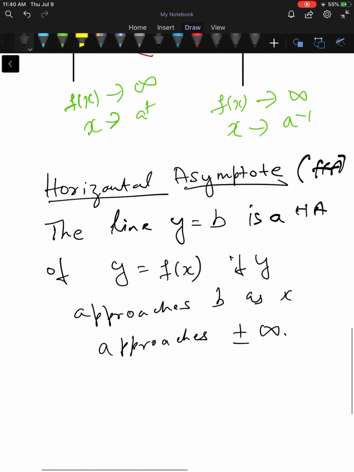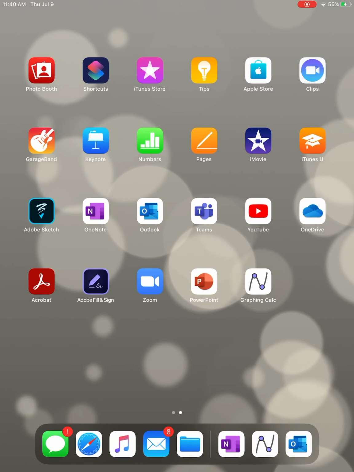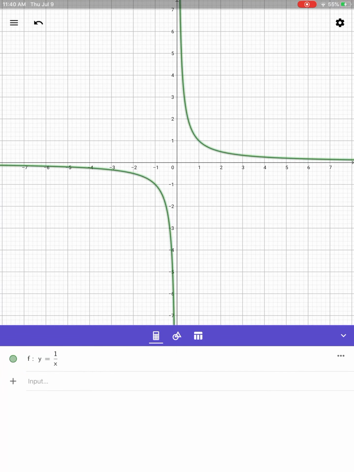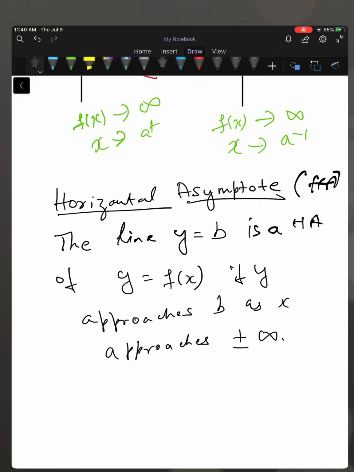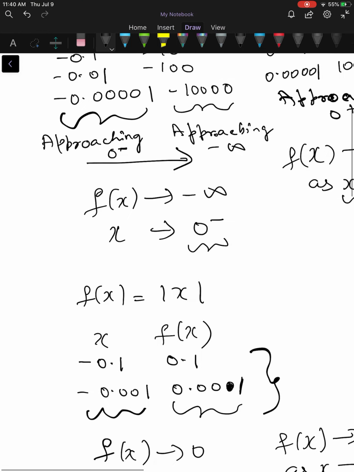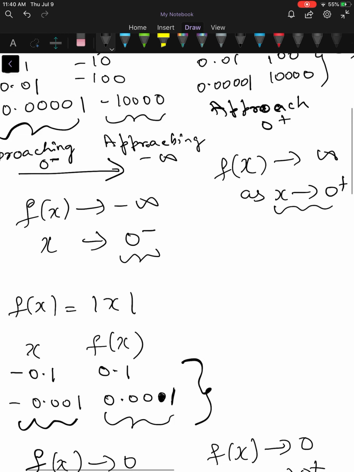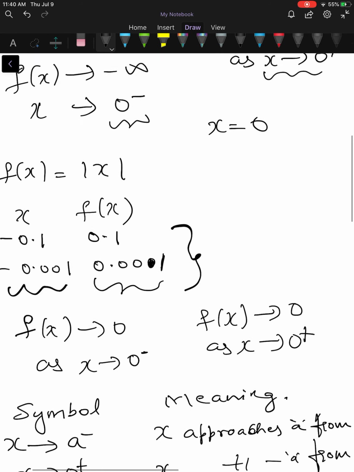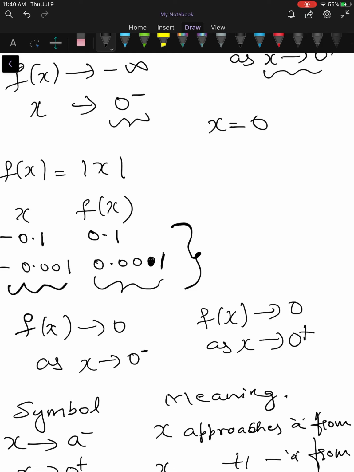So applying this definition to the example that we did, y is equal to 1 over x. Here you saw that f of x was tending towards positive infinity and negative infinity when x approaches 0 from right or left, so the vertical asymptote is x is equal to 0. I didn't calculate the higher values of x, so let me do that as x tends to positive infinity or negative infinity.